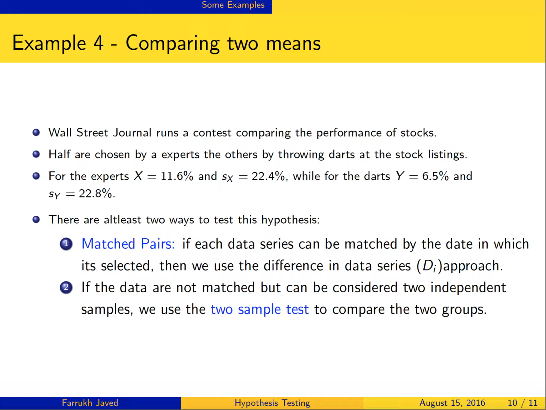Then we use a two sample test to compare two groups. In this example, we have information that both the experts' and the dart experiments were done at the same date, so we will apply the DI approach. But if we do not have that case, then we go for a two sample test.